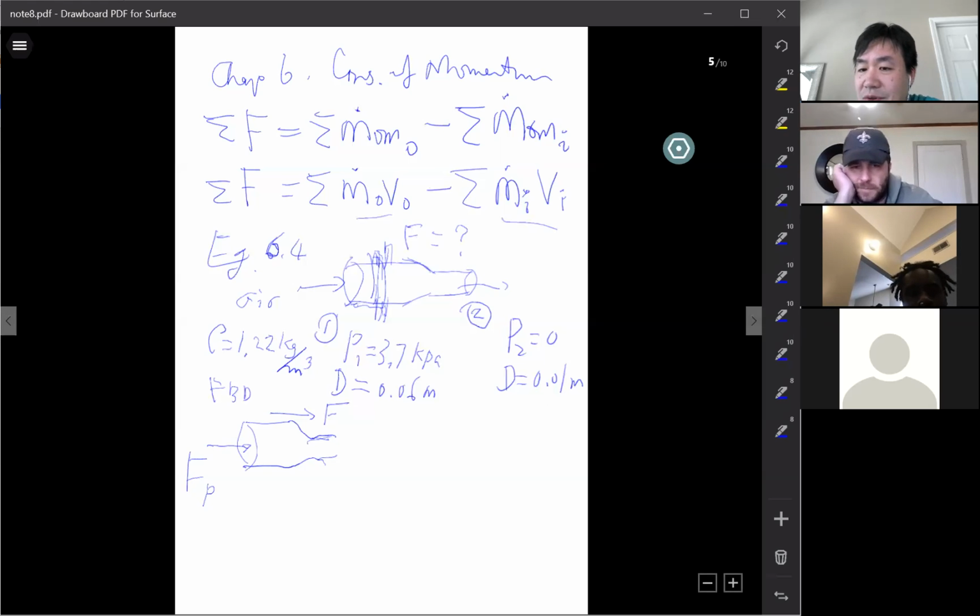Let's see the calculation. If it turns out f equals a positive value, that means it is in the positive x direction. If f is a negative value, that means the direction I put there should be opposite to reality. Does that make sense? I don't want you to spend too much time in the beginning thinking about the direction of the unknown force.